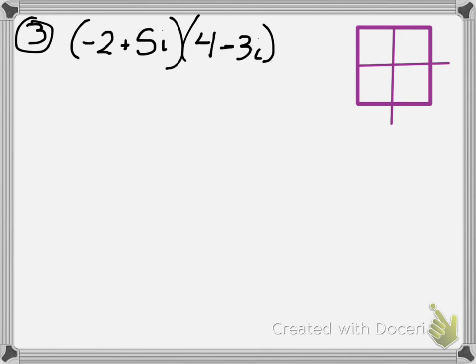And so we are going to write on the outside of the box the negative 2 plus 5i and 4 minus 3i, and we're going to multiply in. You can use FOIL; if you like FOIL better, it works the same.